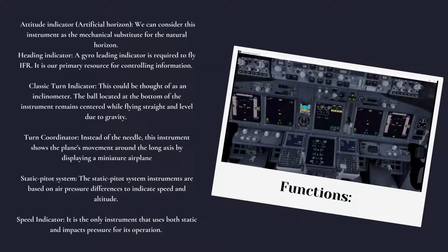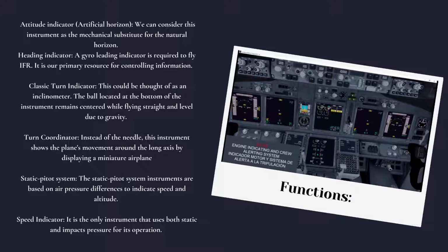Pitot-static system. The pitot-static system instruments are based on air pressure difference to indicate speed and altitude. The impact pressure, also called dynamic pressure, from the pitot tube is only connected to the airspeed indicator.